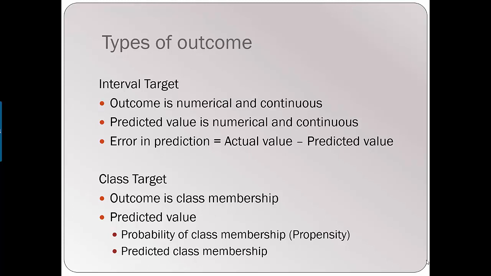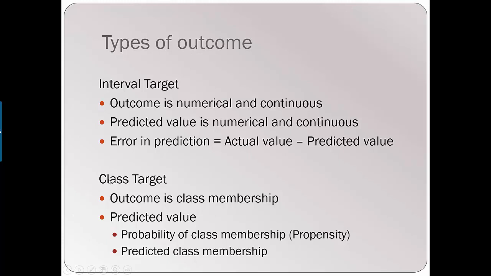For each observation we can compute an error measure by taking the actual value and subtracting from that a predicted value. So this would be the error in prediction. Now we can use this error for all the observations and then come up with a summary of predictive ability. So we'll talk more about that in a little bit.